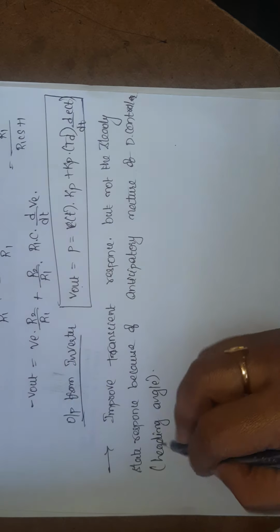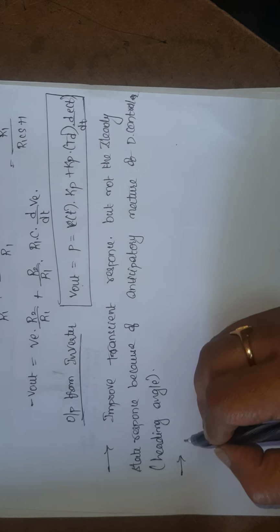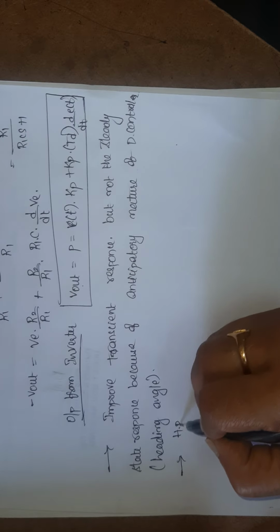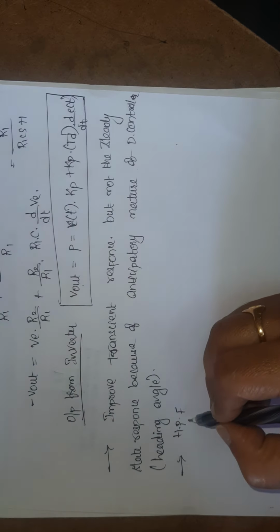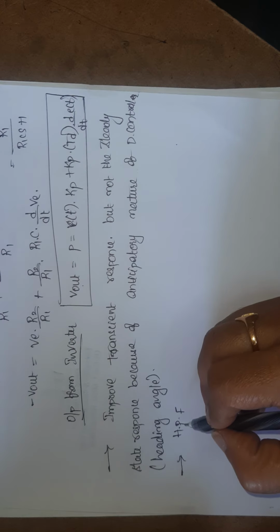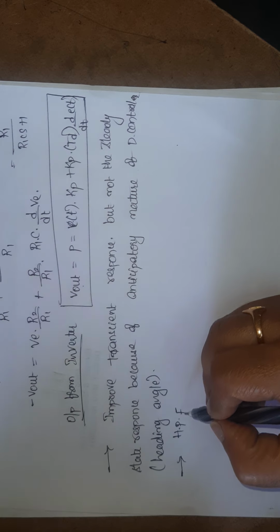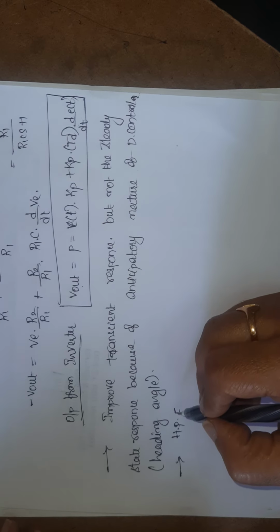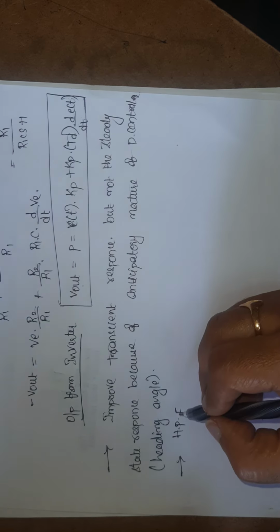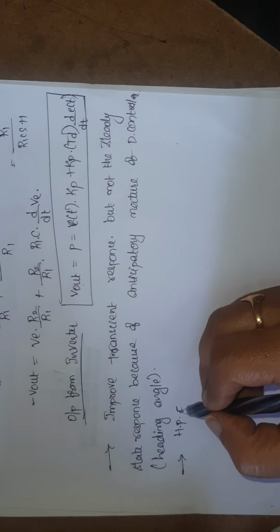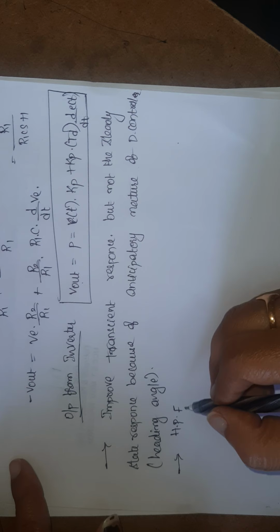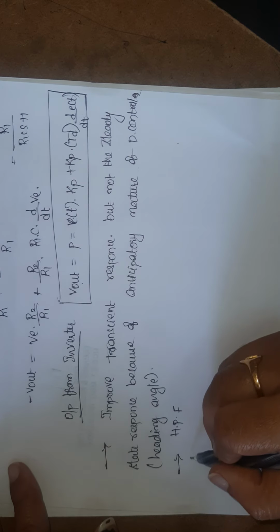But what about the filtering property? If I consider it in terms of a filter, it is nothing but a high pass filter. We'll discuss later how the P plus I controller acts as a low pass filter and the P plus D controller acts as a high pass filter. We will discuss it clearly when we discuss the topic of compensators. So it is acting as a high pass filter.